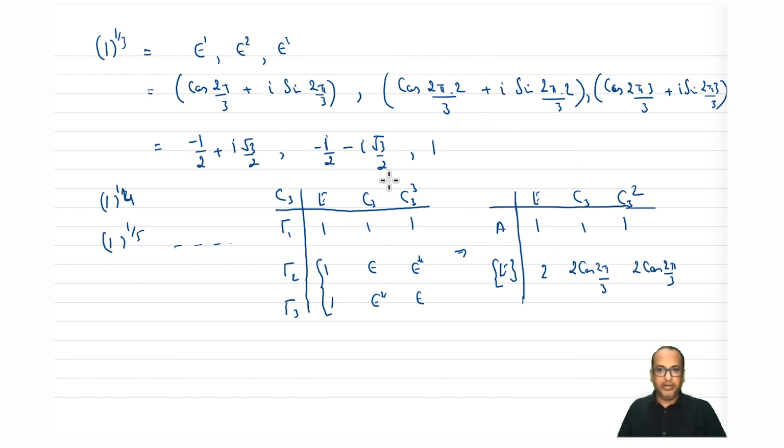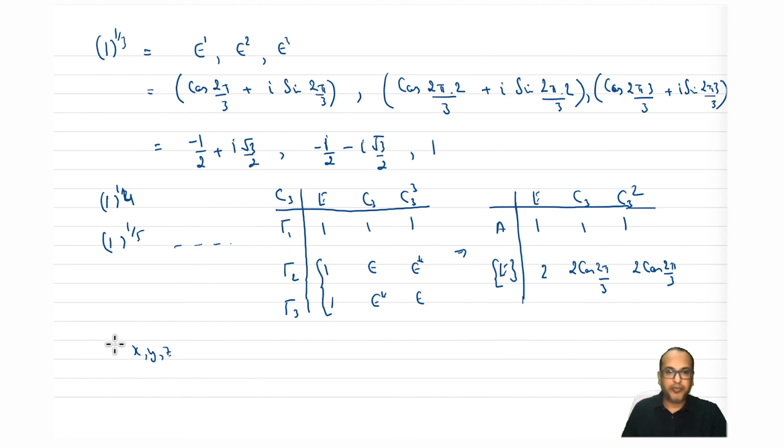Okay. And you can actually take xyz as the basis, and find out the matrix corresponding to E, C3 and C3 square, and find out what is the matrix and the corresponding trace. Try to block factor it, and then find out whether you are able to match this character table or not. So try to do it as assignment.